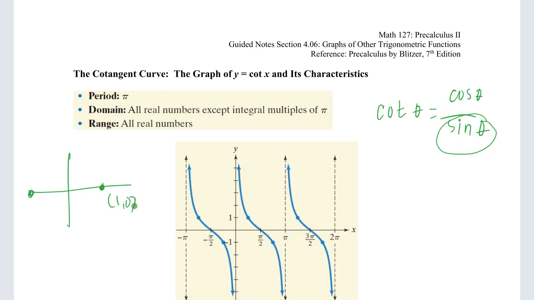If this is 1, 0 and this is negative 1, 0, obviously we see a value of y equal to 0. And remember, the y coordinate is associated with the value of sine theta. So the values there would be, with initial side and terminal side, an angle of 0.